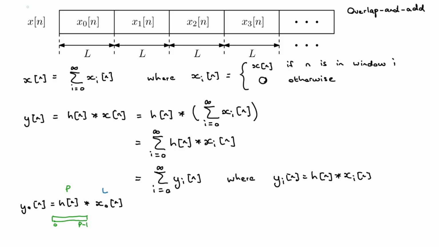So that's a length of p. Similarly, x0 will be a little sequence that starts at 0 and ends at L minus 1. This little block is the same as that little block. Now we're convolving x0 with this thing. Convolution, quick recap: you flip and then you drag across.